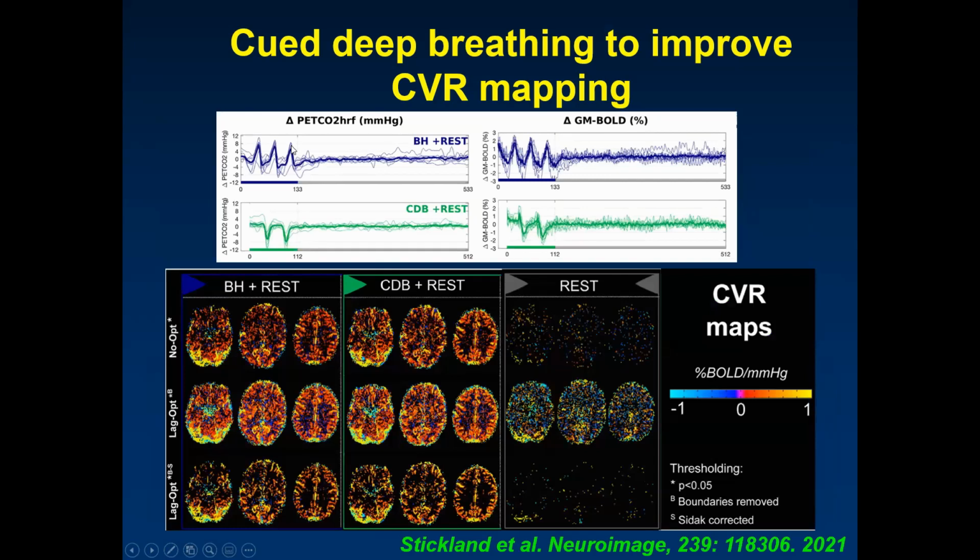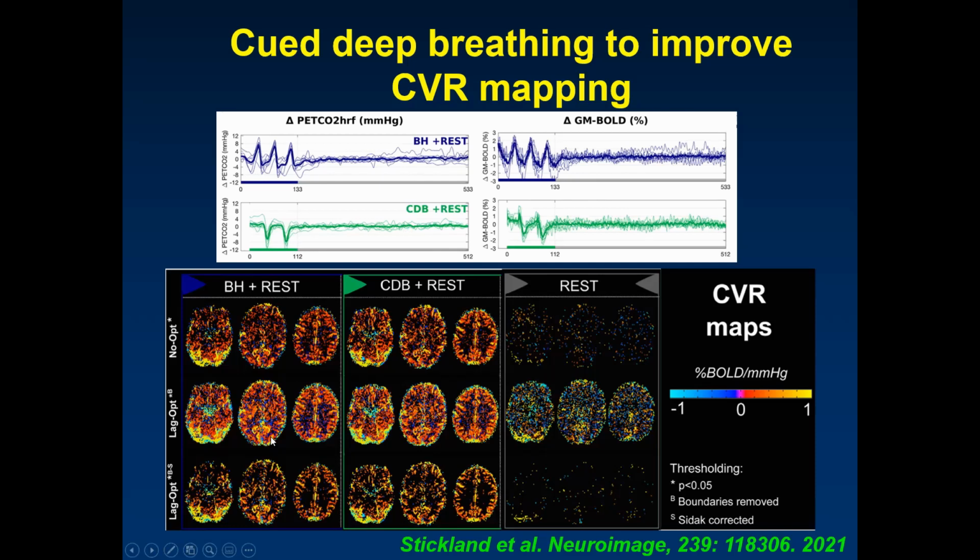Shown here are the end-tidal CO2 time courses from a breath holding paradigm followed by a resting state scan, and a cued deep breathing followed by a resting state scan. On the right are the resulting global BOLD signal, gray matter BOLD signal changes, which follow the end-tidal CO2 change.